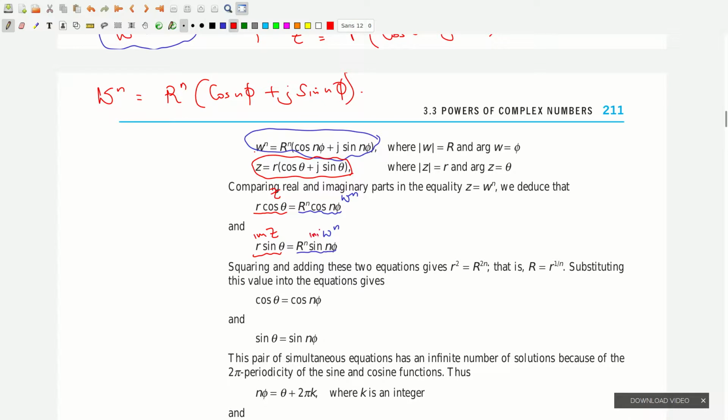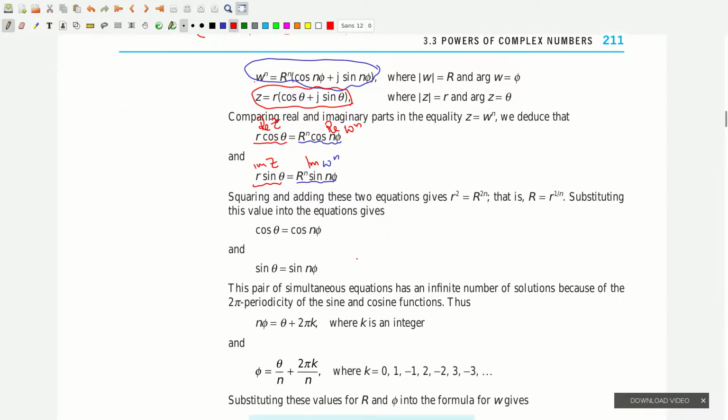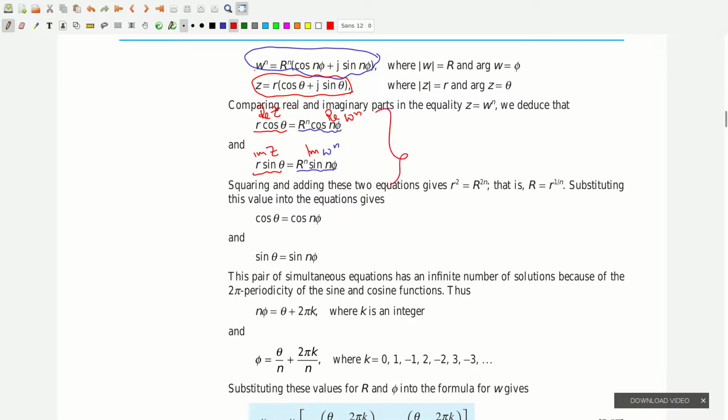This is the imaginary part, this is the real part of w to the n, and then this is the real part of z, and this is the imaginary part of w to the n. So, through a series of algebra, first you can square both sides of both equations.